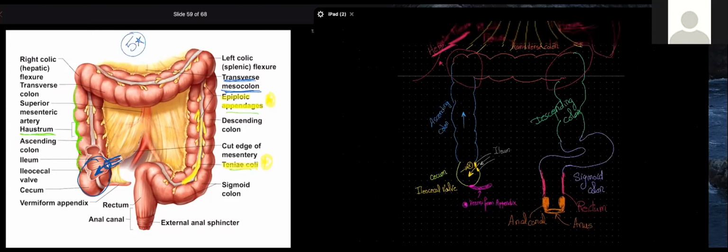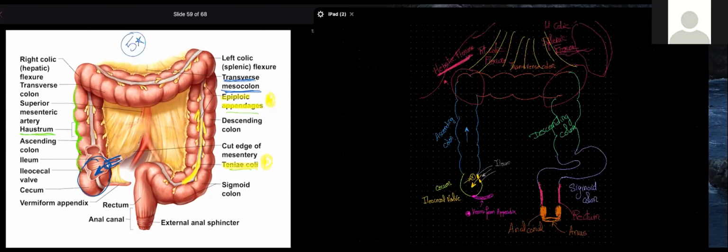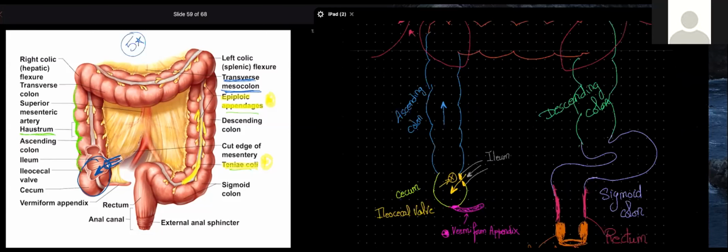So again, what are the important structures that we need to identify on this diagram?